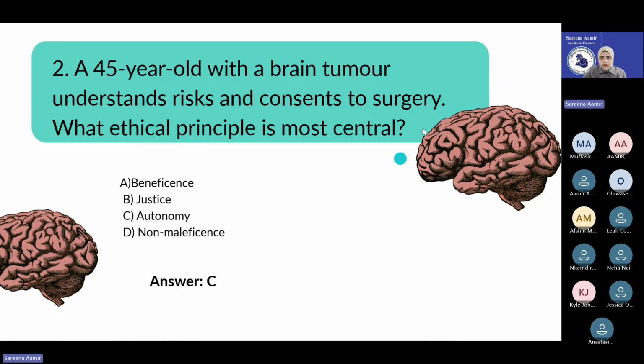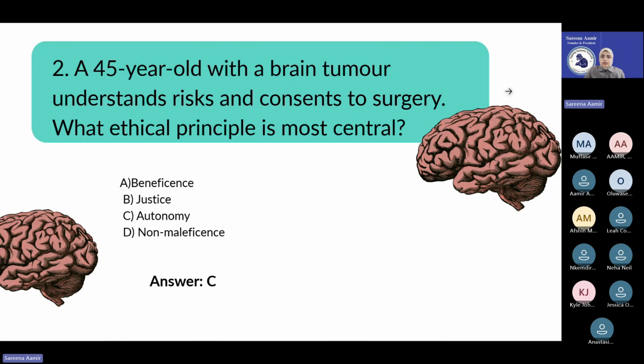The reason why it is autonomy is because we previously discussed that autonomy is the ethical right of the patient to decide what happens to them in the hospital. In this scenario, a 45-year-old with a brain tumor understands the risks and consents to surgery.